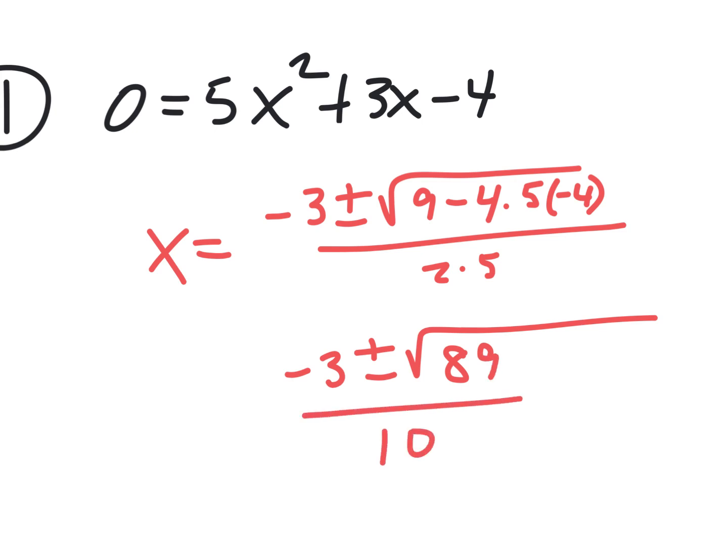Square root of 89 is a bit of a pain. I see why they went with decimals. What is the square root of 89? 9.4339.